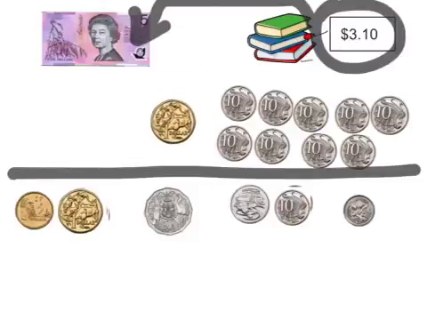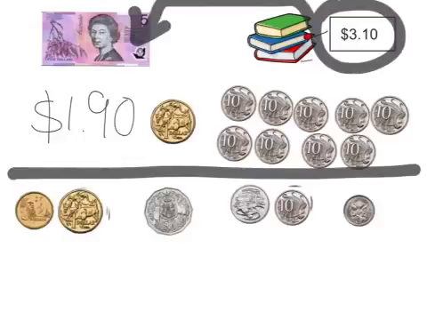One more dollar makes it $5. Now I count up this collection of coins here, and that's how much change I should have received. $1, 10, 20, 30, 40, 50, 60, 70, 80, 90. So that is $1.90 change. Okay, it's time for you to practice.